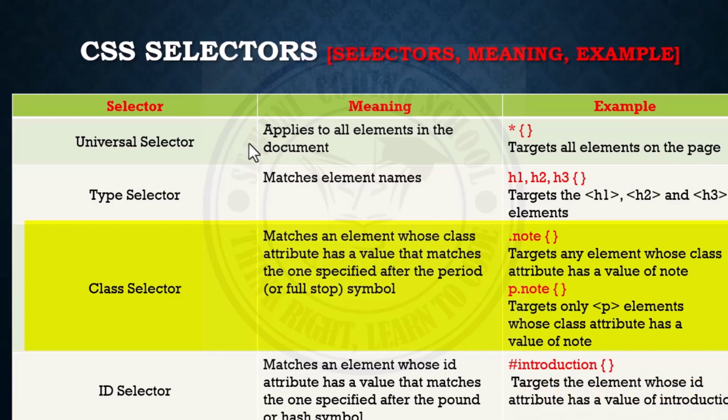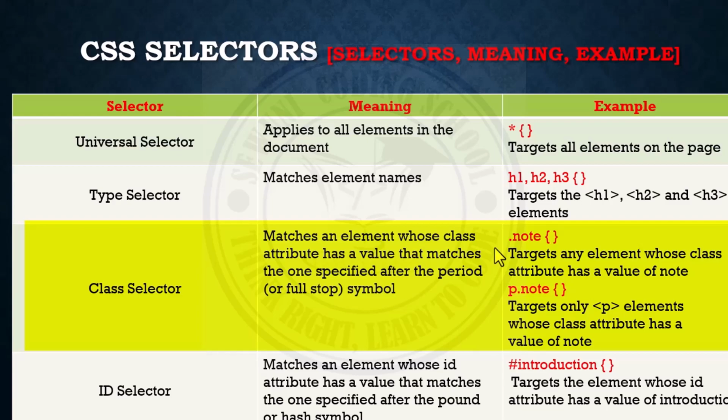We precede the name of the class with a dot to indicate that it is a class. So if an element contains a class of note, it is going to target the class attribute that has the value of note. It wouldn't apply to anything else.